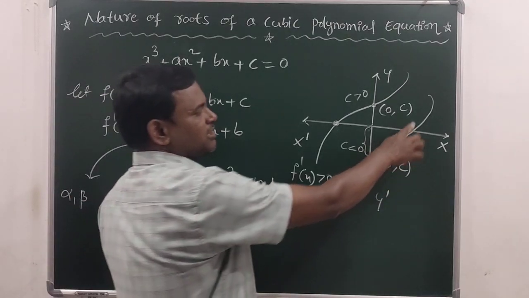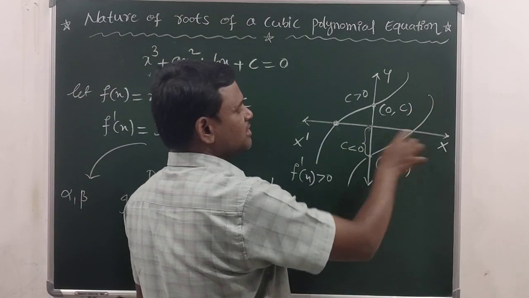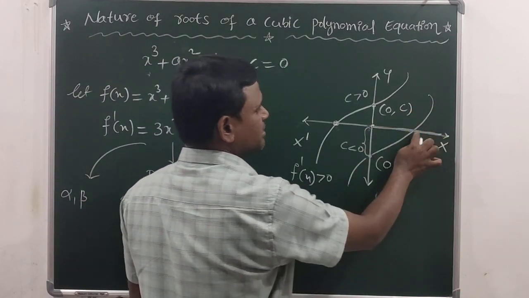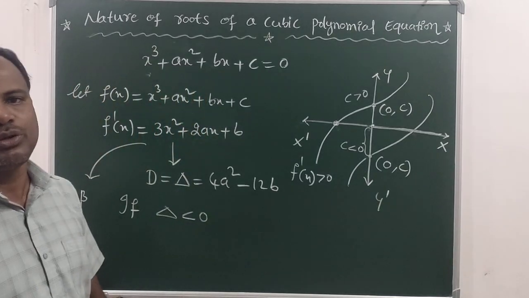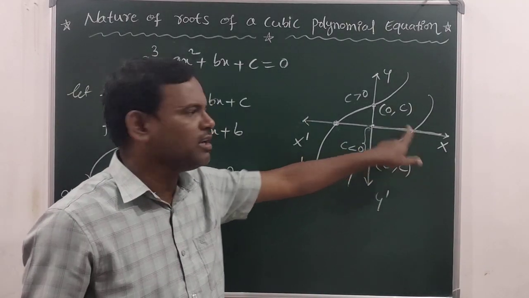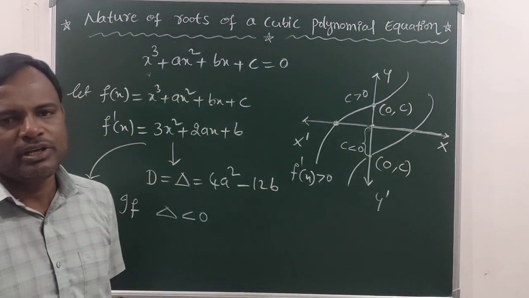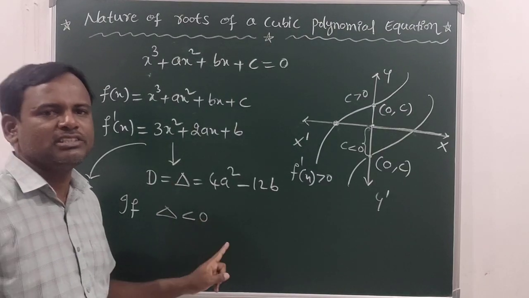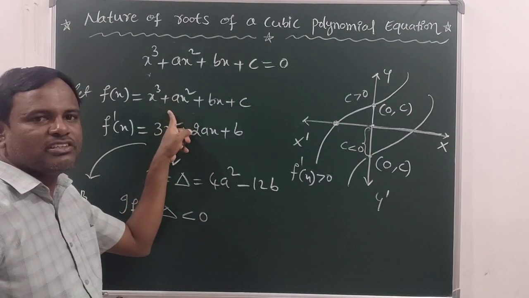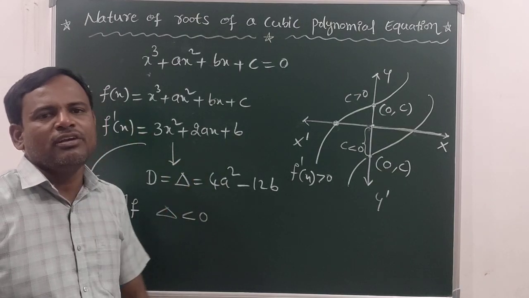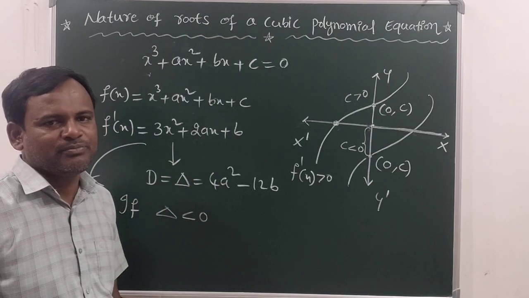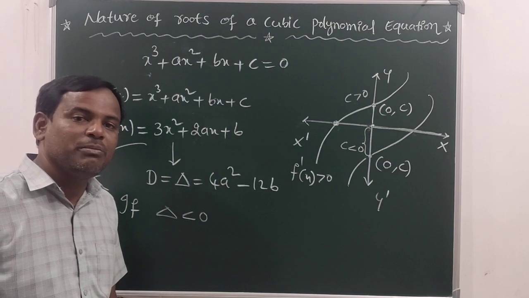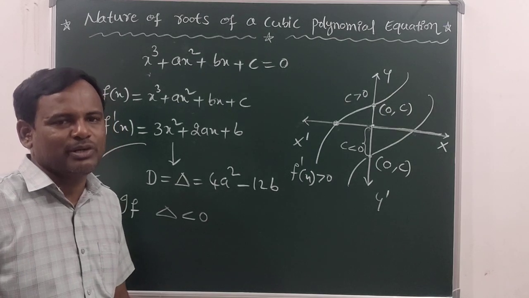In this case, this curve is intersecting the x-axis in the positive portion, hence this root is positive real. This is positive real. This is negative real. Which means by this, the cubic equation will get only one real root. Then the other two will be complex, conjugate to each other.